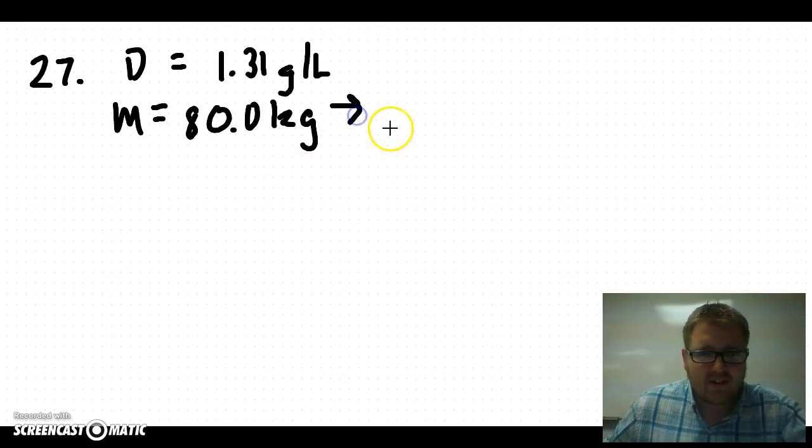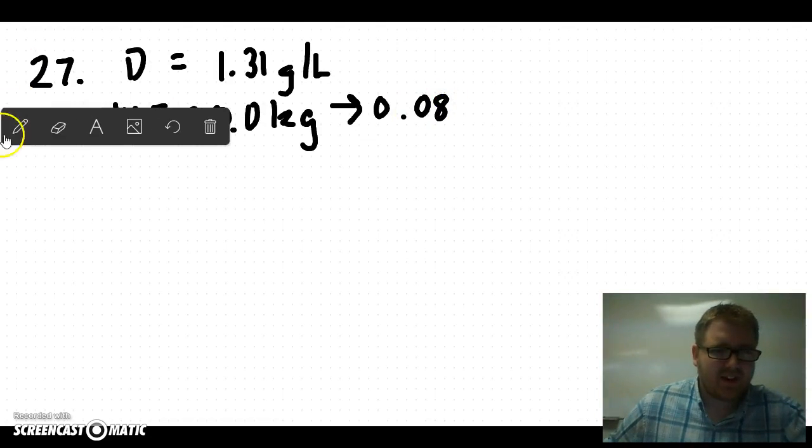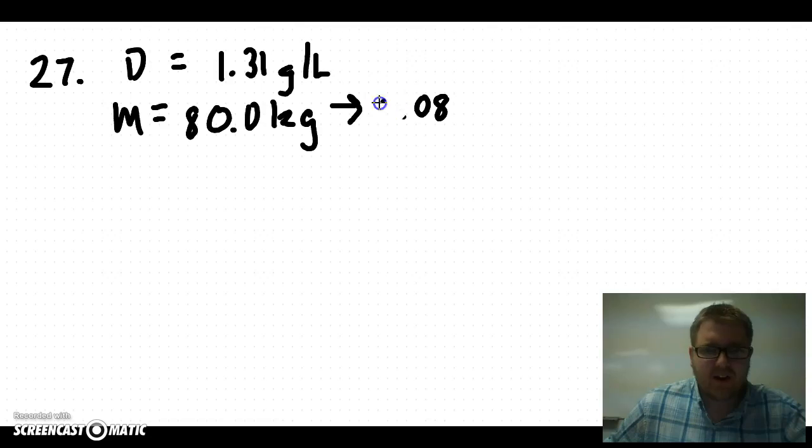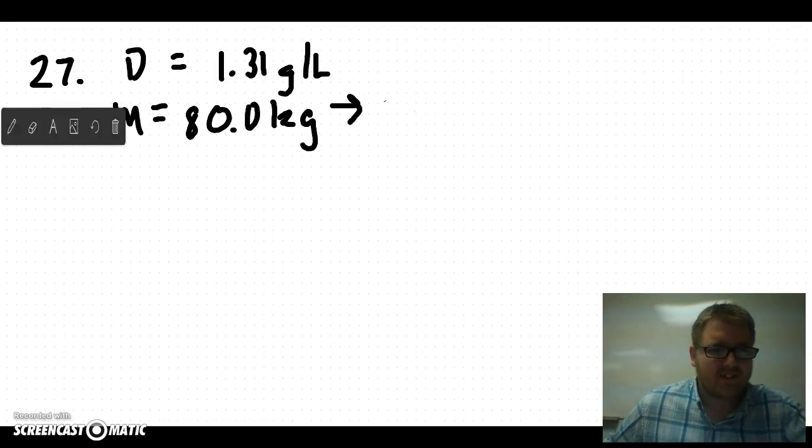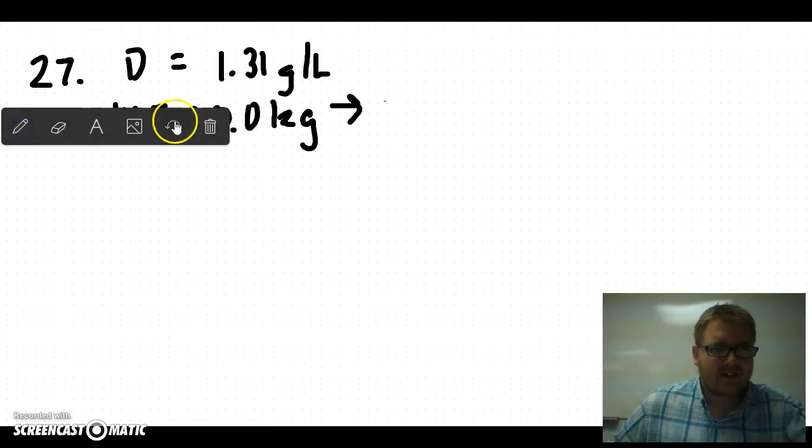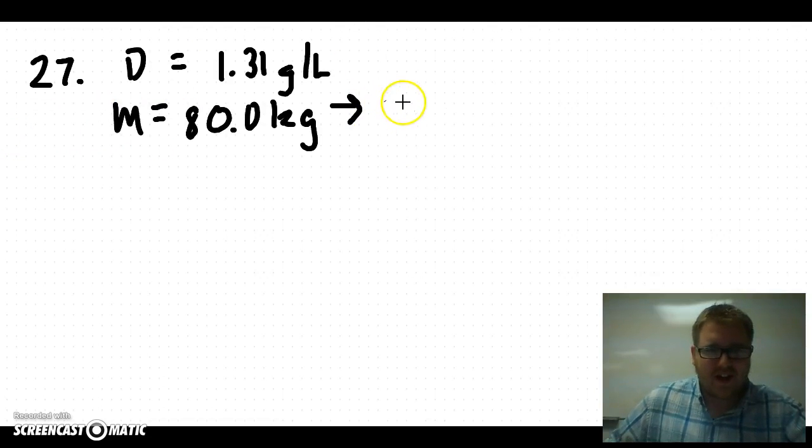So let's convert this 80 kilograms to grams. We can move the decimal over 3 places. Or I'm sorry, 3 places in the other direction, because we're going to have more grams than we had kilograms. So small mistakes like that are reasons it's nice to write out your dimensional analysis. I'm just short on time.